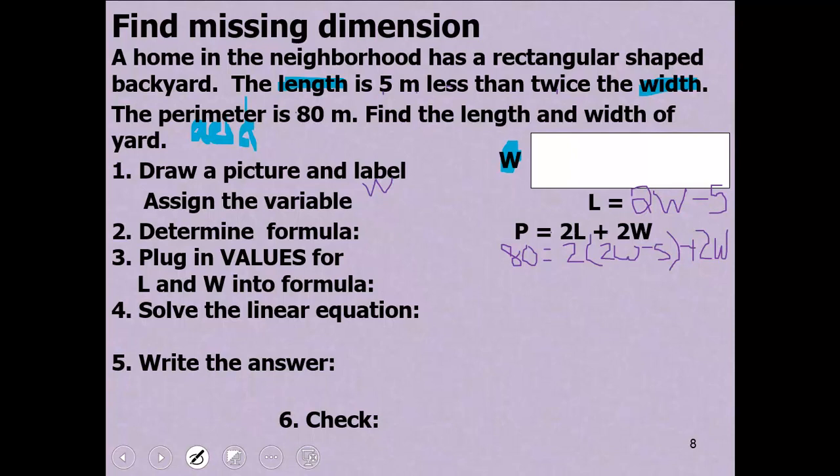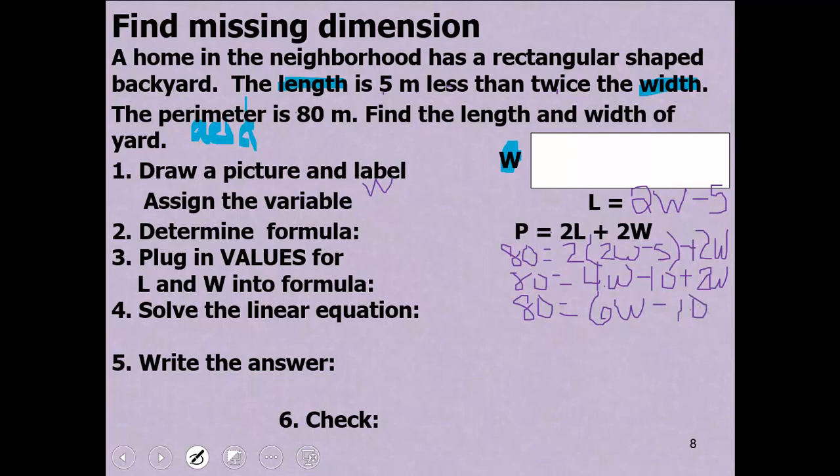Now I'm going to simplify and solve for W. 80 equals 4W minus 10 plus 2W. I have like terms over here, so I'm going to take care of that. 4W plus 2W is 6W minus 10.